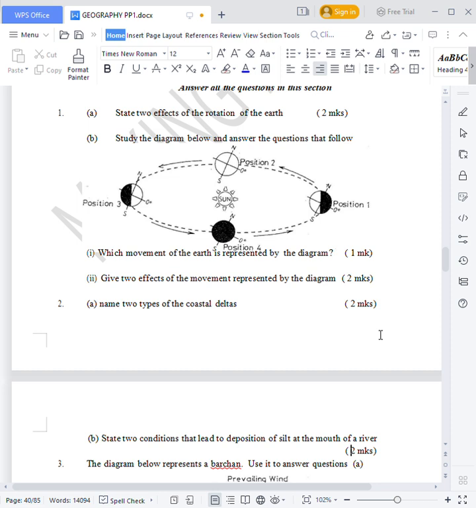Then the last one, causes lunar eclipse.